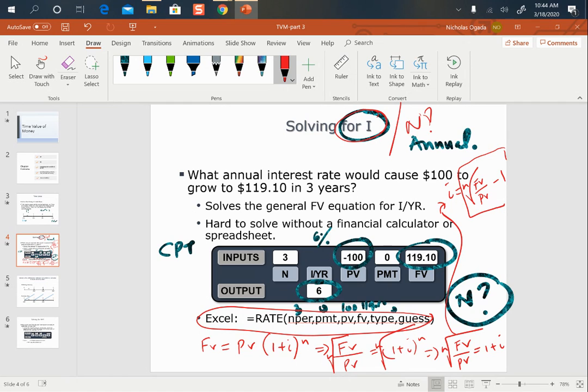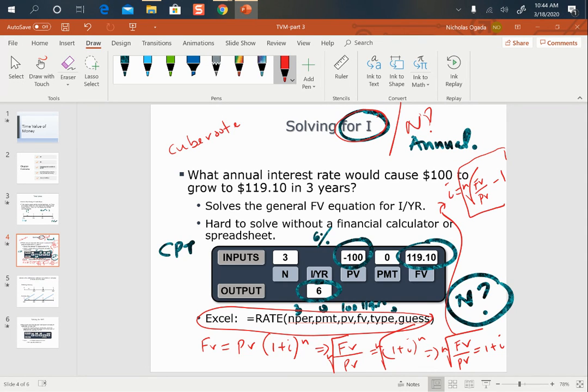So again, remember this is a case of 3 years, so in that case your n is going to be 3. So you're looking at determining the cube root of future value divided by present value, because your n is 3.